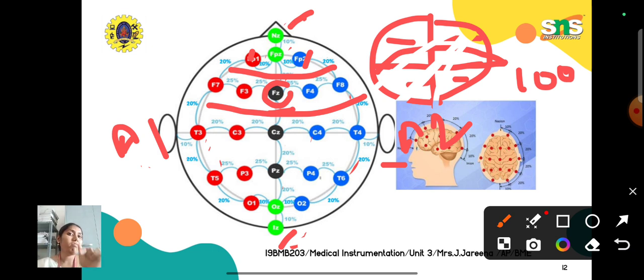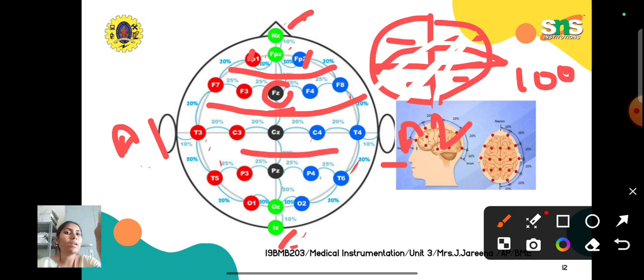The reason you have not given 5 and 6 is that those numbers are used elsewhere; let's see in the upcoming lobes. So by now you will be clear about placing frontal under prefrontal. Prefrontal is FP1, FP2, and frontal is F3, F7 on the left side and F4 and F8. 3, 4, 7, 8, you can remember like this.